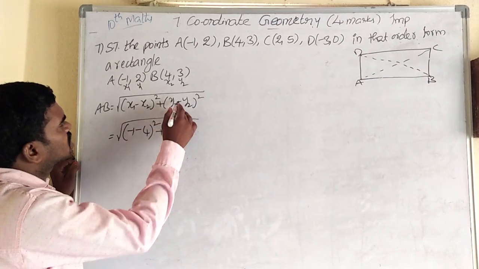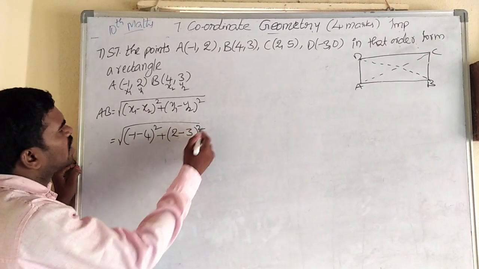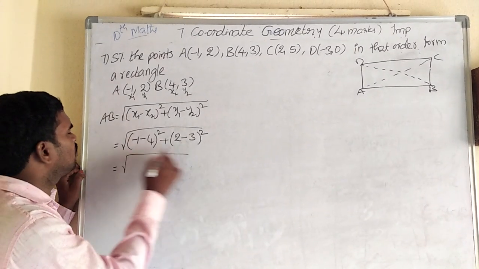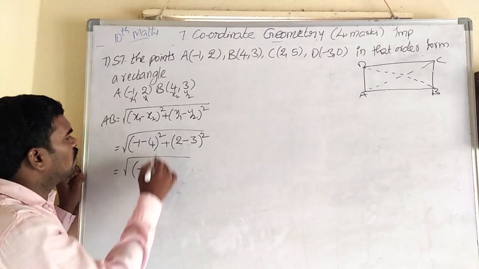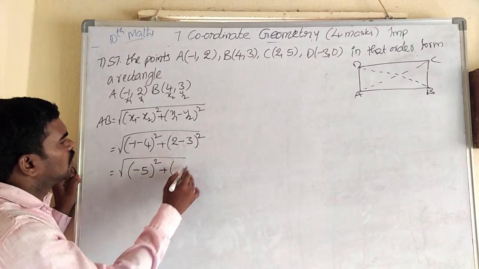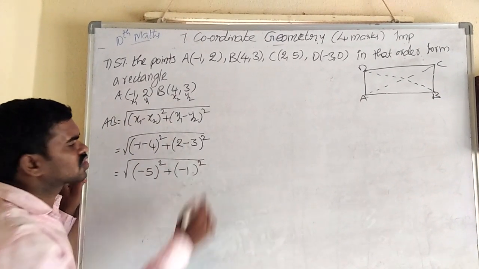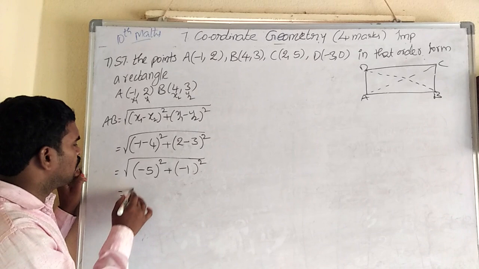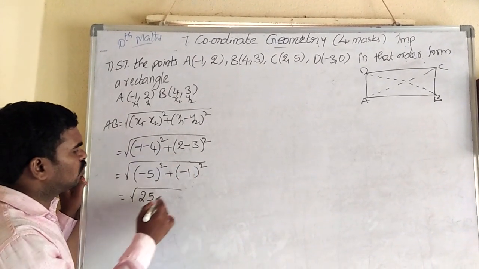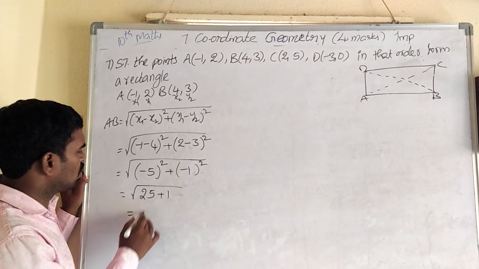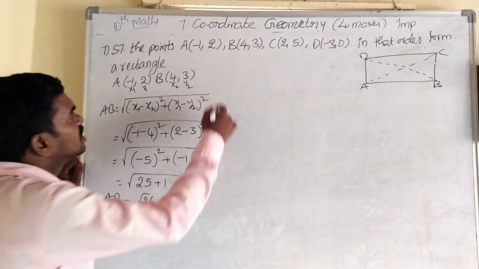What is y1? 2. Next minus, next y2. What is y2? 3 whole square, is equal to root of minus 1 minus 4, how much? Minus 5 whole square plus 2 minus 3, how much? Minus 1 whole square. Now minus 5 whole square, how much? Plus 25. Minus 1 whole square, how much? Plus 1. So root 26. AB equal to what? Root 26.